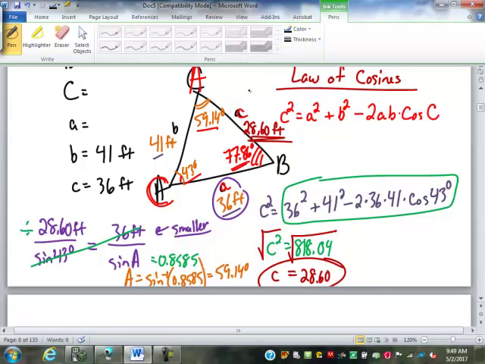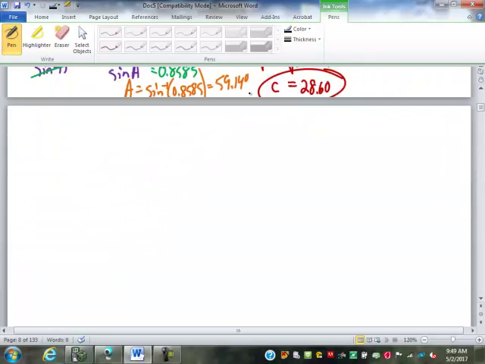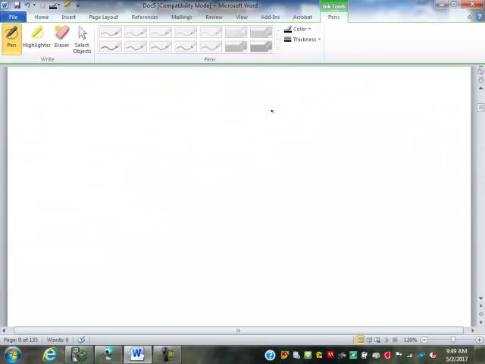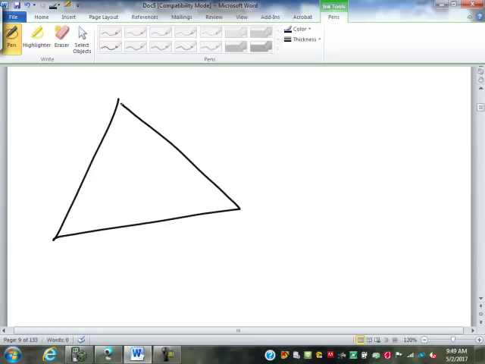Let's do one more problem here, and I am going to slow down this example for you so we can go step by step. So I'm going to give you this angle here as 38 degrees.